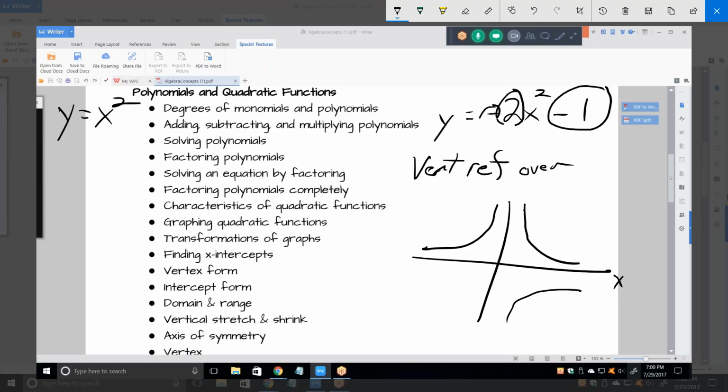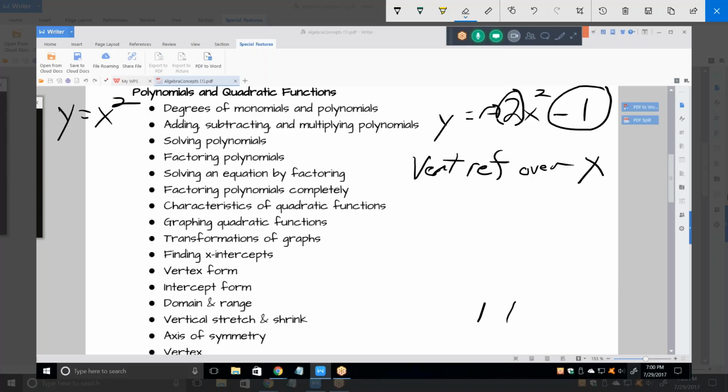In other words, if I take my hand and put it on that function and flip it to the left, that's horizontal. So horizontal reflections are over the y-axis, vertical reflections are over the x-axis. And most school systems, they don't want to know vertical or horizontal. They want you to tell them reflection over X or reflection over Y.